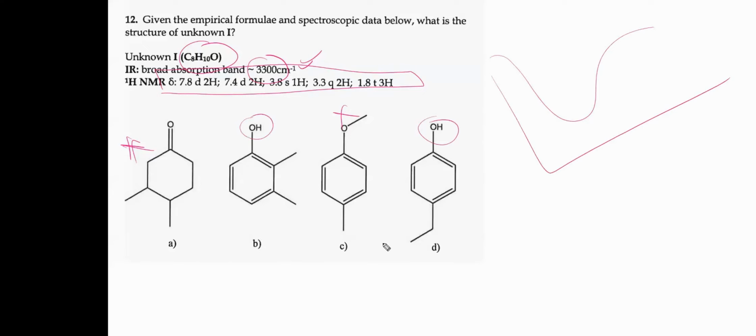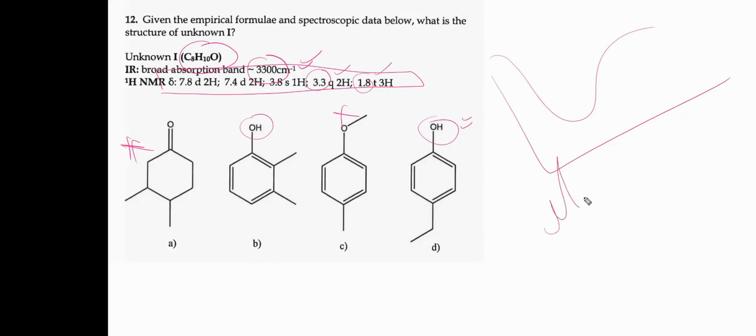Between B and D, which structure is it? It's going to be this structure. Why? Because you see at 3.8 you have a quartet, and at 1.8 you have a triplet.